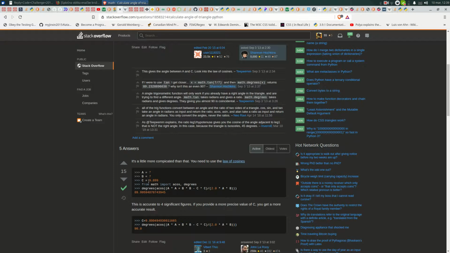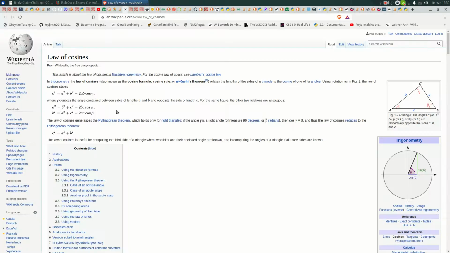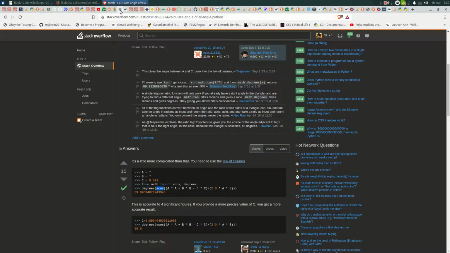So we got A, B, C, that's like X, Y, and L. From math, import acos and degrees. Degrees of acos of A times A plus B times B minus C times C, divided by 2.0 times A times B. This is accurate to 4 significant figures.